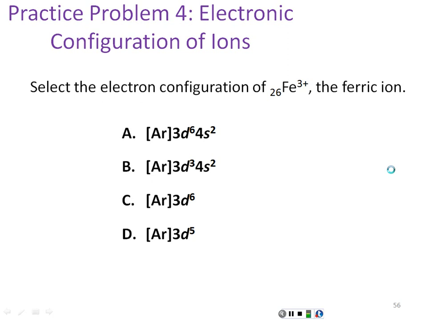For this one you have to remember you're going to have to take out 3 electrons from iron, and they first come from the s orbital. So you take out 2 s electrons and then 1 d electron, and what you end up with is a 3d5 configuration. And remember that that's a half-filled d orbital, so that's a very stable configuration.